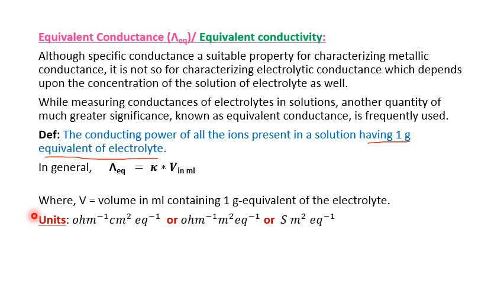The unit here is ohm inverse centimeter square equivalent inverse. This is the unit of equivalent conductivity. The MKS unit is ohm inverse meter square equivalent inverse, or Siemens meter square, because ohm inverse alone is the unit of conductance.